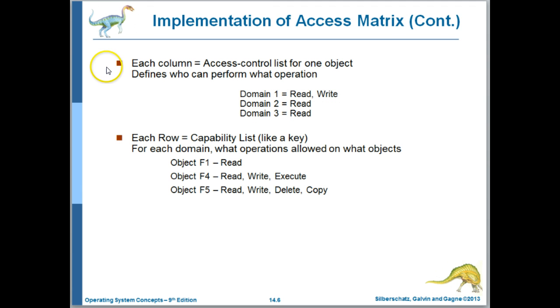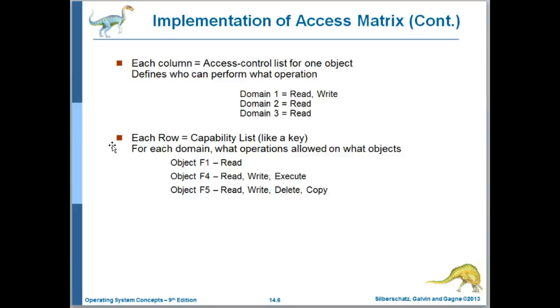All right, so this first bullet simply summarizes the previous slide, where a column of an access matrix is an access control list. The second bullet is setting up the next slide, where a row, and remember that corresponds to a domain, corresponds to a capability list, which is best thought of as keys.